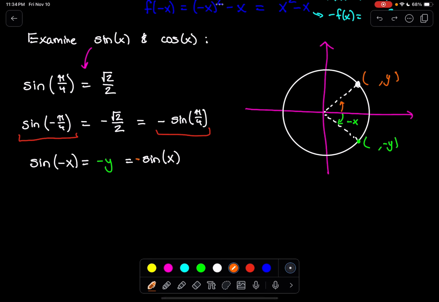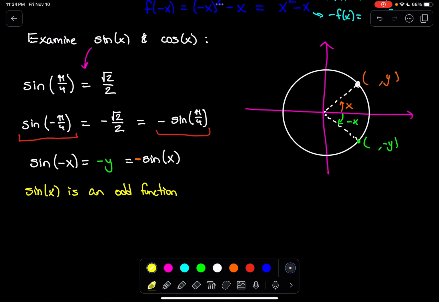This is just the negative of what we would have gotten if we went up by x degrees in the first place. So it turns out, what is the grand result? It turns out that sine of x is an odd function. All right, sine of x is an odd function.